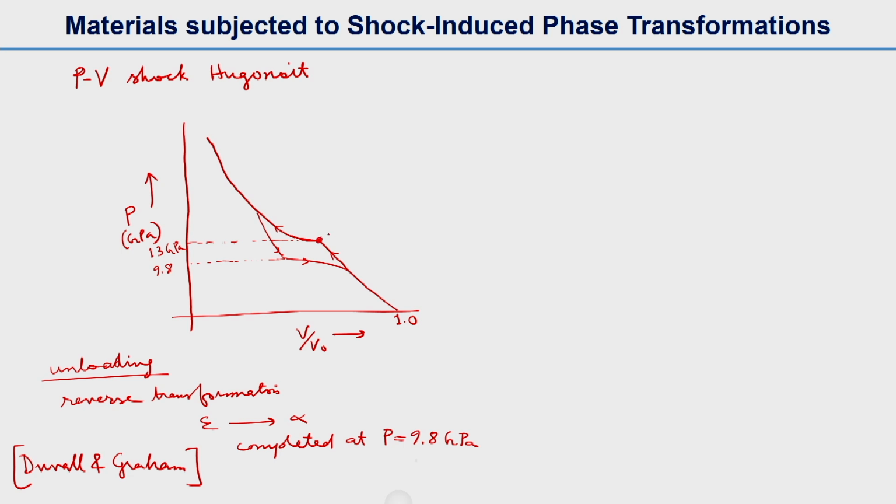You can see the discontinuity in slope at this point, as I told. So from this shock Hugoniot curve, one can also determine the wave structure.